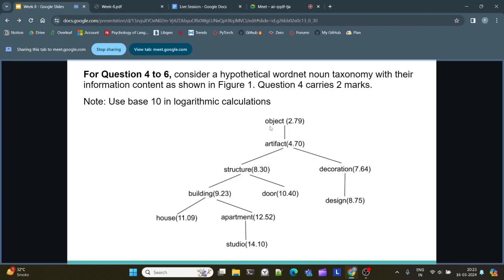It could be for some other case, if you had a much more expanded word taxonomy and you were asking for the similarity between artifact and some other word X, where the lowest common subsumer is object. But in this hypothetical one, artifact is the maximum case for all the words.